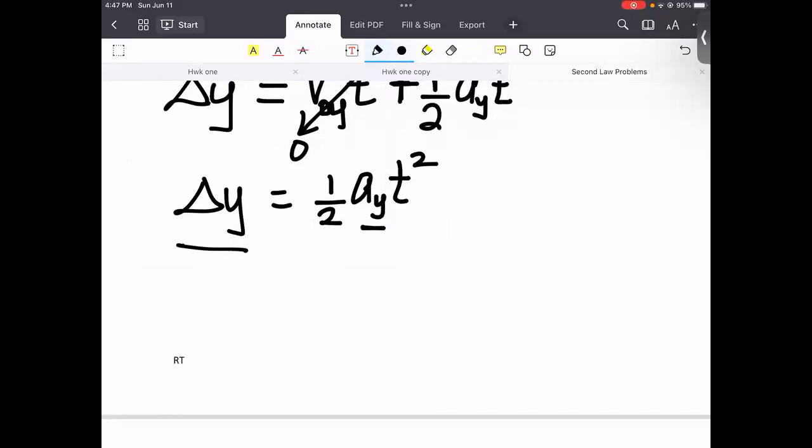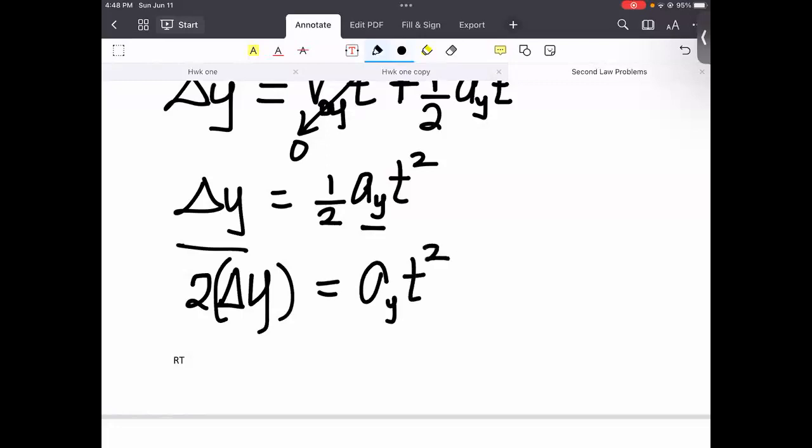So what I'm trying to do here is multiply both sides by 2, and this equation becomes 2 times change in y is equal to a_y times t squared.